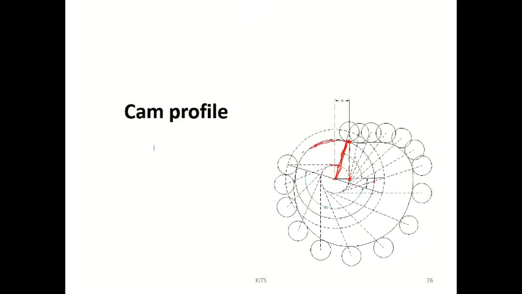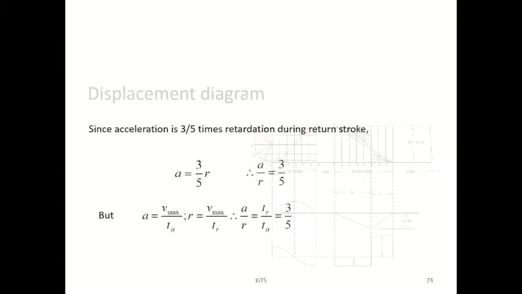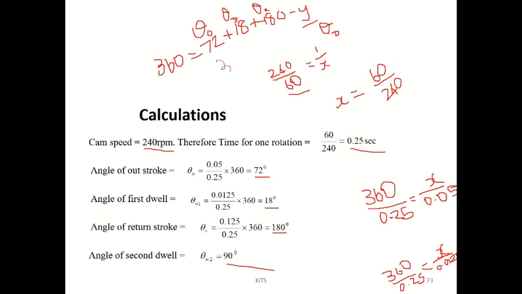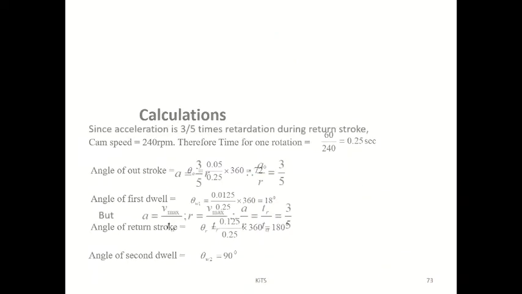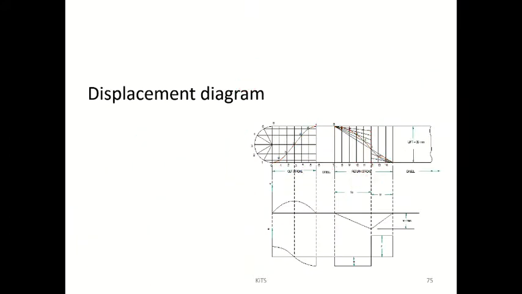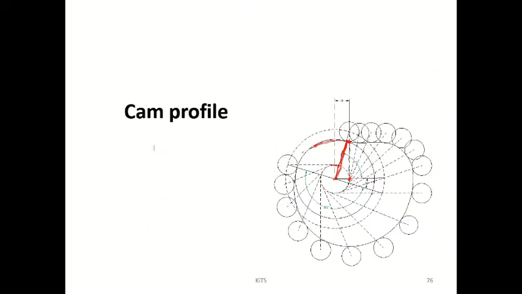Dwelling period is for 72 degree. Correct. Then this is the dwelling period, which is for 18 degree. Mark that.